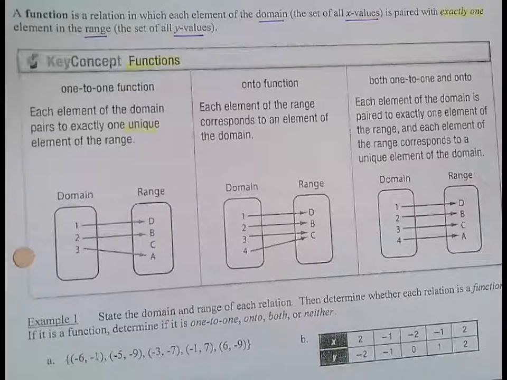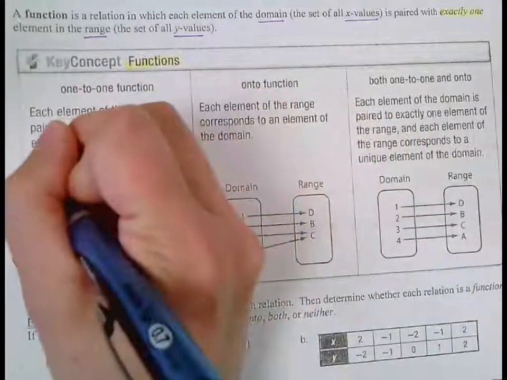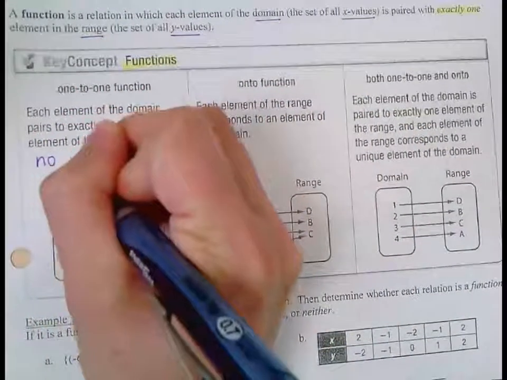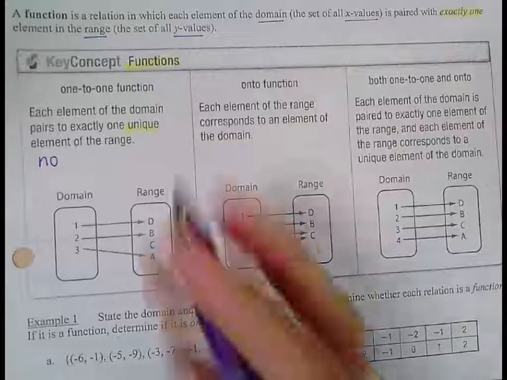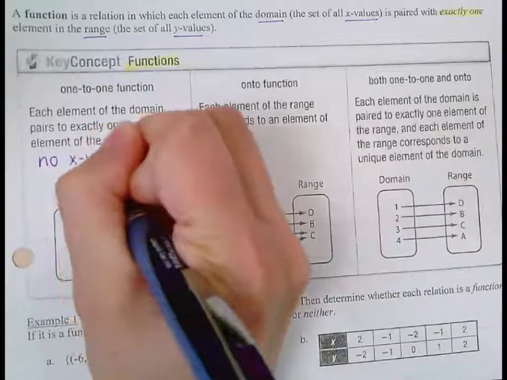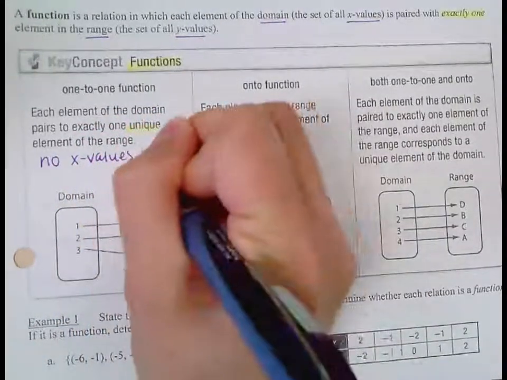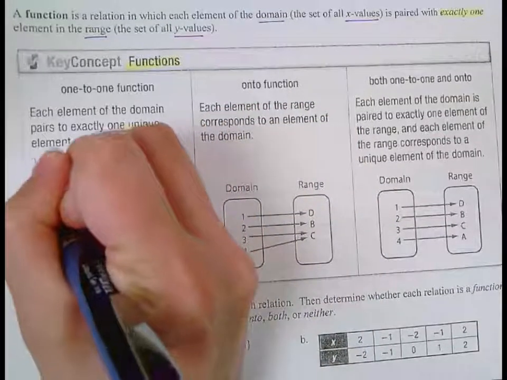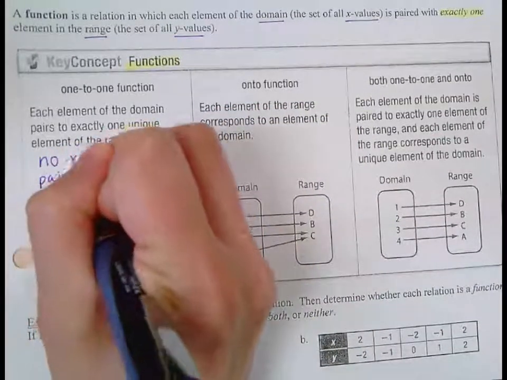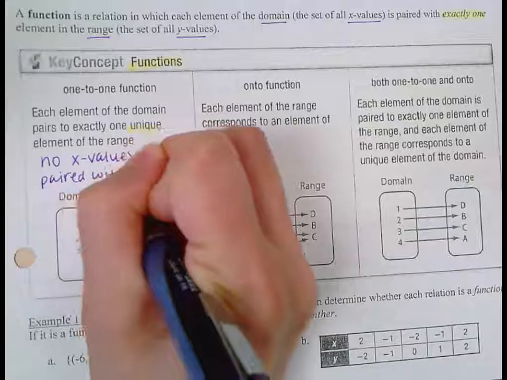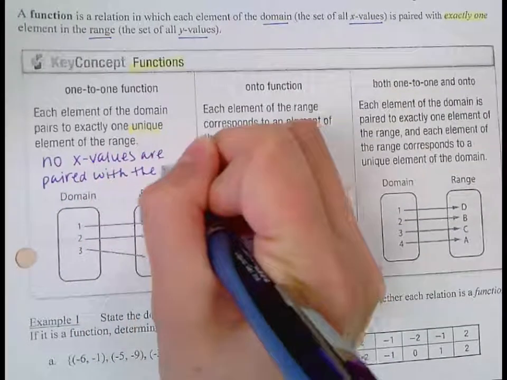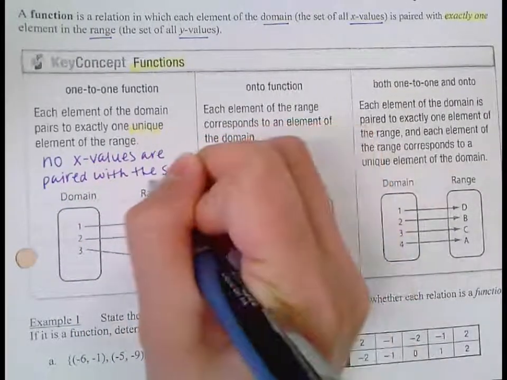So another way of saying that is each X value is paired with a different Y value, or no X values are paired with the same Y values. I'm going to include that if you want to write that down. That might be an easier way to remember it, that no X values are paired with the same Y value.